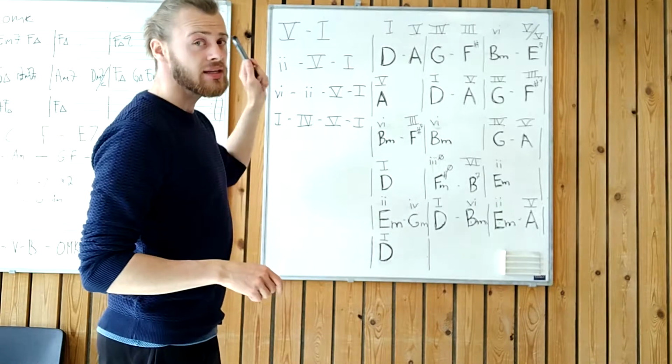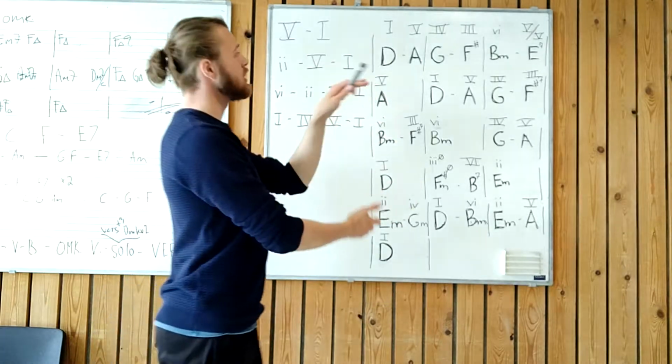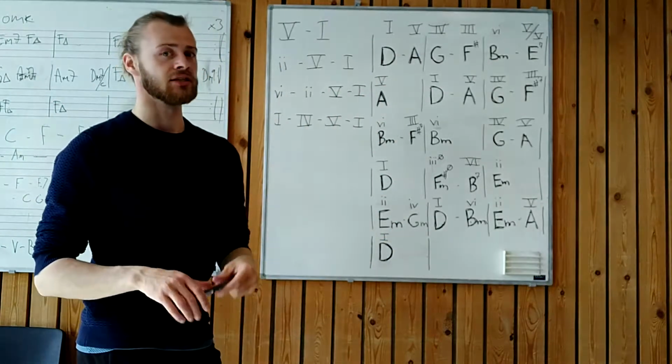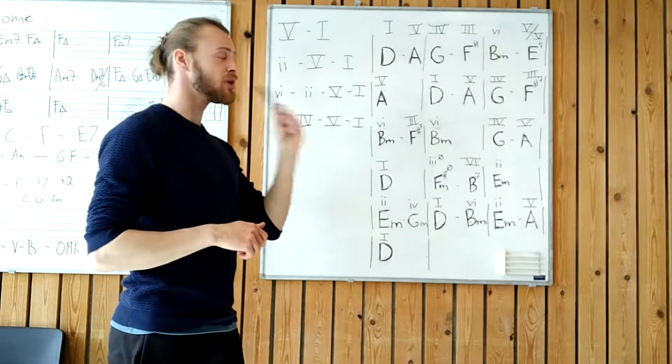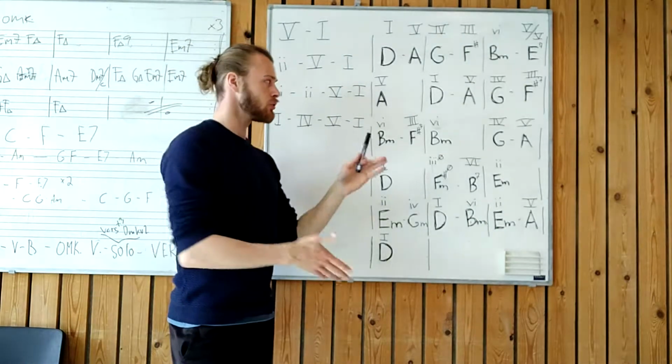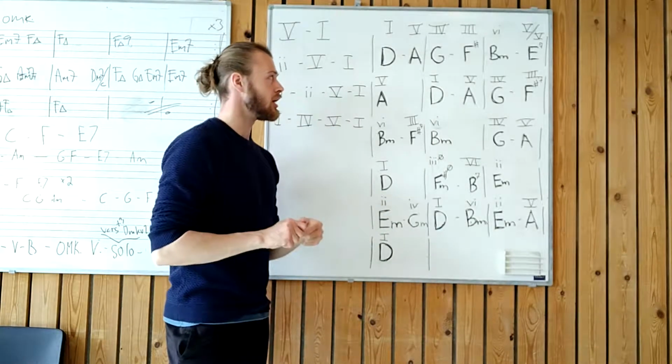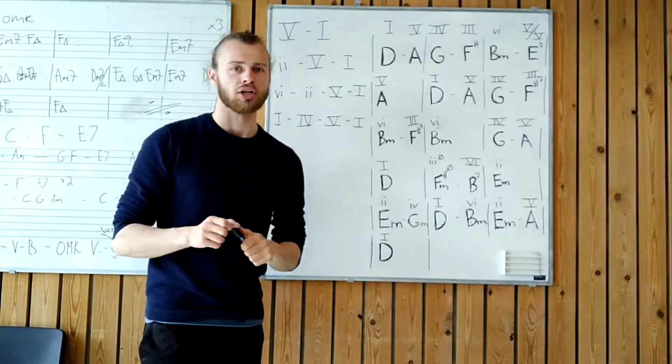Now trying to find these progressions within this song isn't necessarily easy. Especially not if we only look at this song from the perspective of D major. Then it becomes nearly impossible.